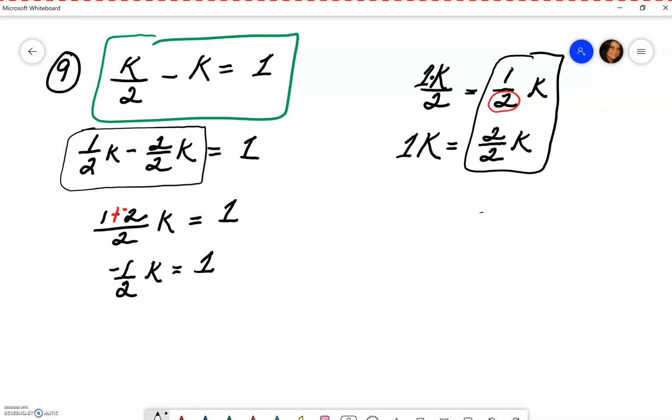Now we're going to multiply by that reciprocal, but make sure it's a negative 2 over 1. The reason why you want the reciprocal, because a negative times a negative will give us a positive answer, and that's our ultimate goal. So we know these divide out to ones. What you do to one side, you must do to the other. On the other side would be a negative 2 over 1.